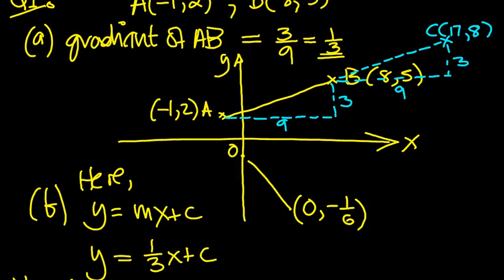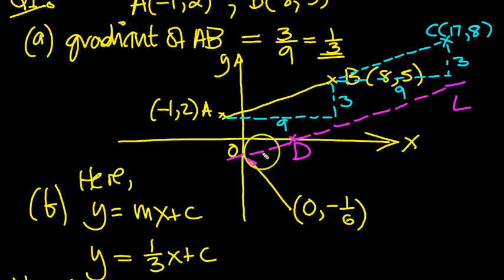Here's the line L, and this is the point D where it intersects the x-axis. This is the intercept on the y-axis.